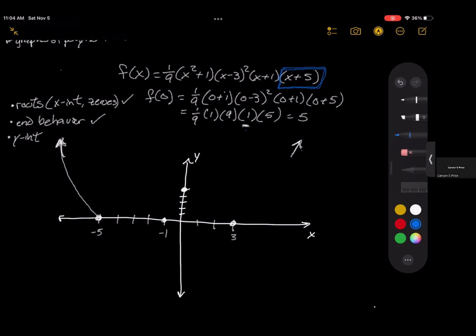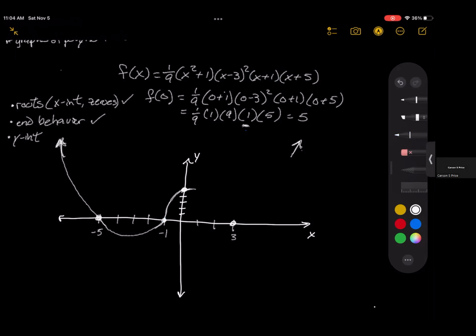And that factor occurs once, so it has odd multiplicity, so I'm going to pass through that root. All right, I continue on my way until I hit -1. -1 is a consequence of the x plus 1 factor. That factor occurs once, so it has odd multiplicity. I will also pass through, which is good, because I needed to have a positive y-intercept.